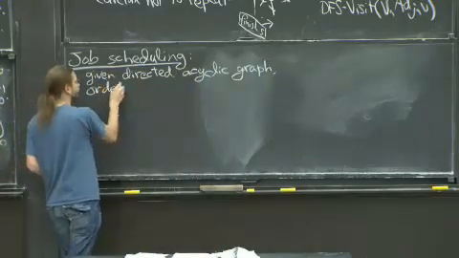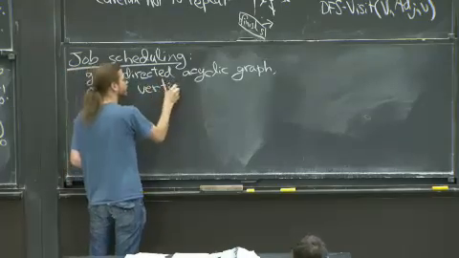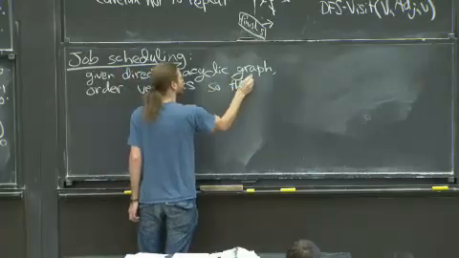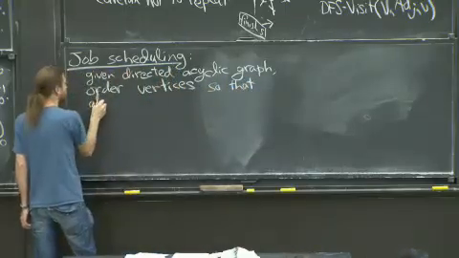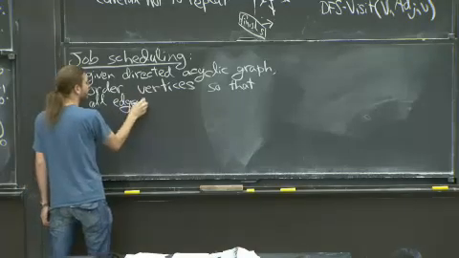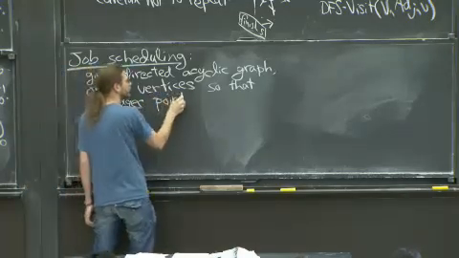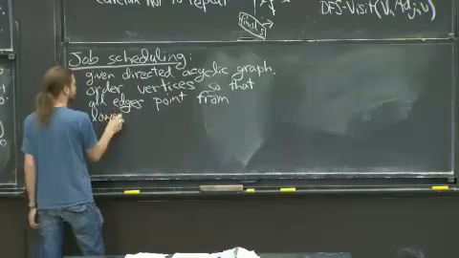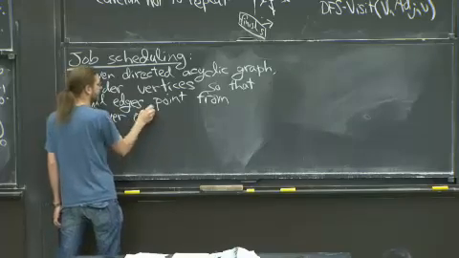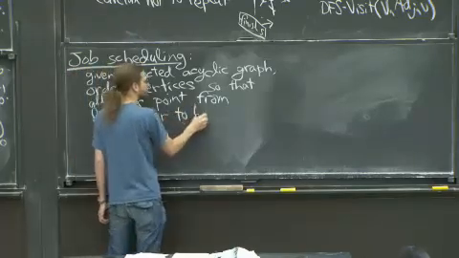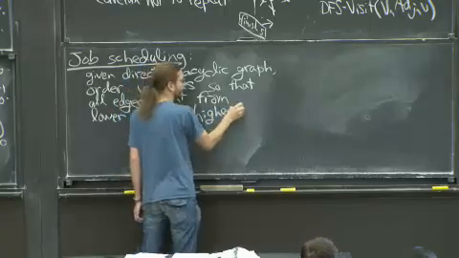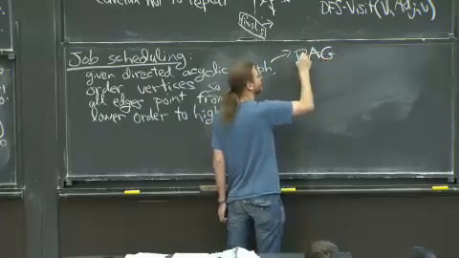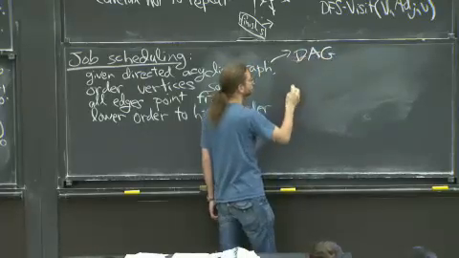I want to order the vertices so that all edges point from lower order to higher order. OK, directed acyclic graph is called a DAG. Should know that from 042.